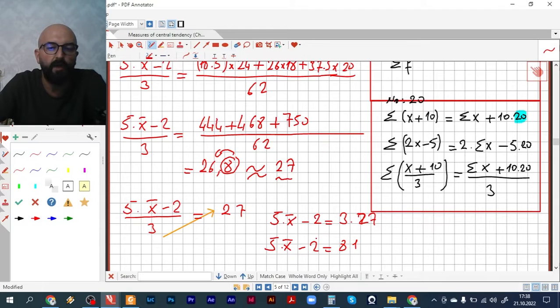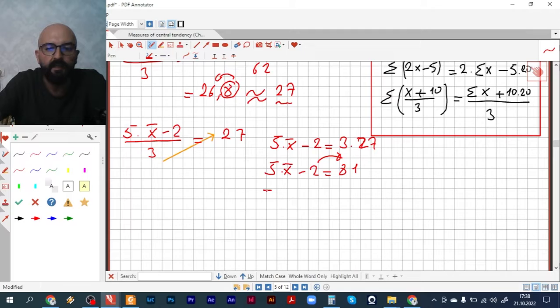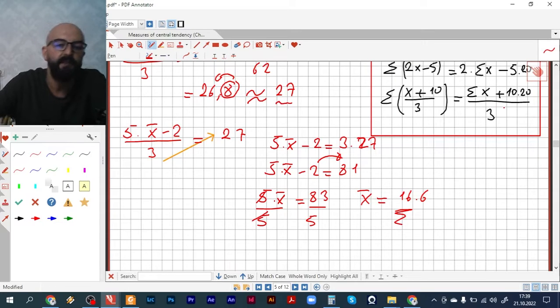And if we carry it to the other side of the equal sign, 5 times the mean becomes 83, and if we divide both sides by 5, our mean equals 16.6.